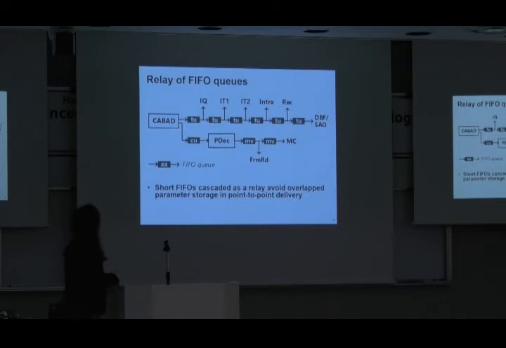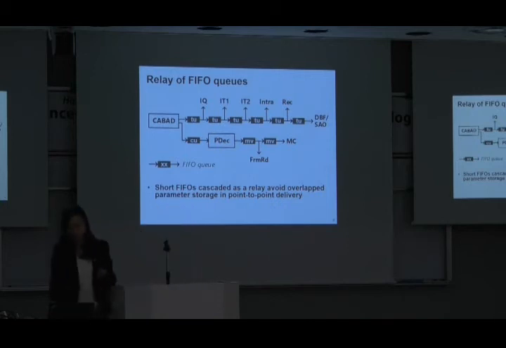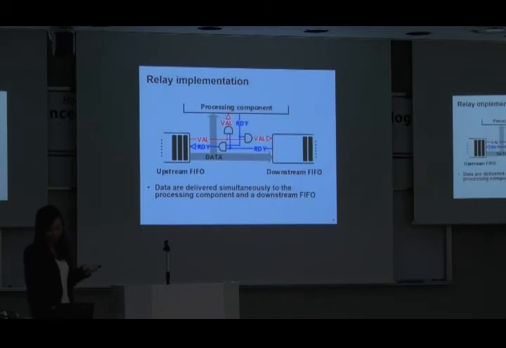For example, here CABAC gets some results. We combine many smaller FIFOs here, and the FIFO result is output to the next component. At the same time, it can be sent to the next FIFO, and then the component and the next component can share the information.